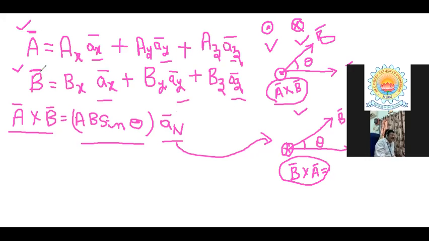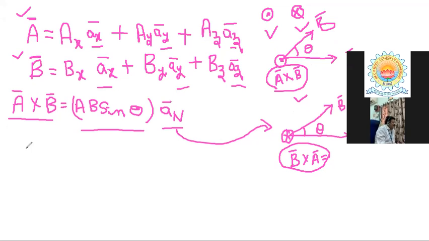Then, once you take two vectors, how to calculate A cross B bar, that we'll see. Before discussing that, let us simply consider what is Ax bar cross Ax bar, the cross product between two simple unit vectors, the x-axis direction versus again the x-axis.